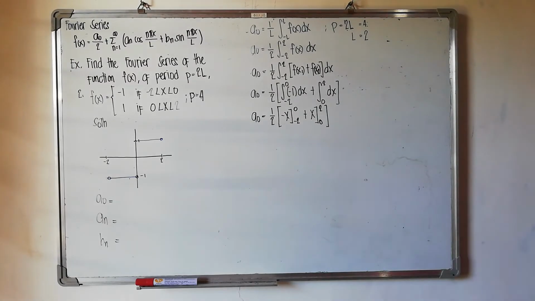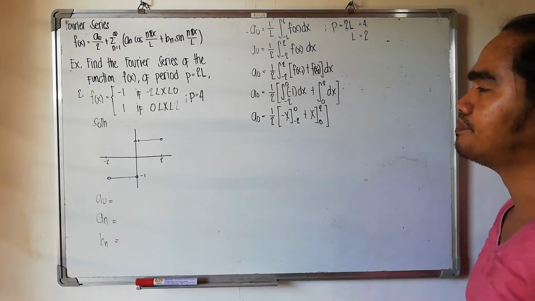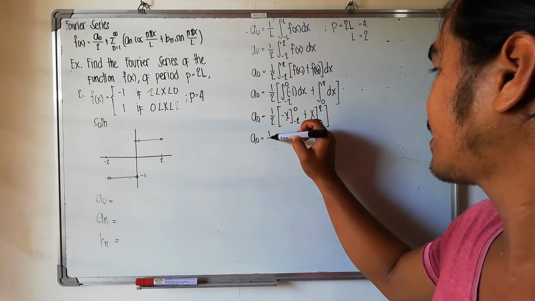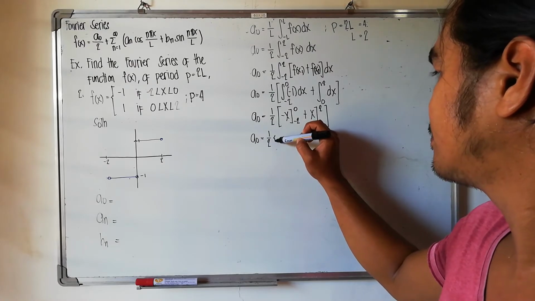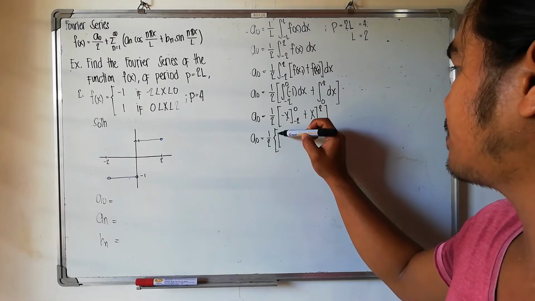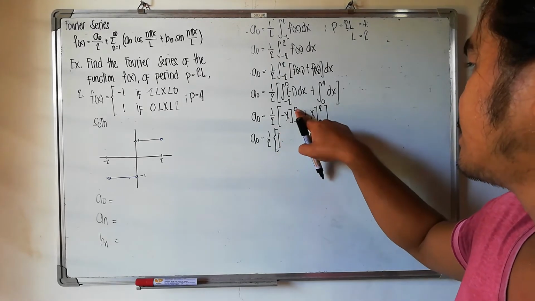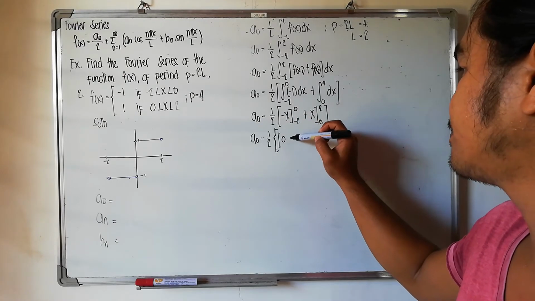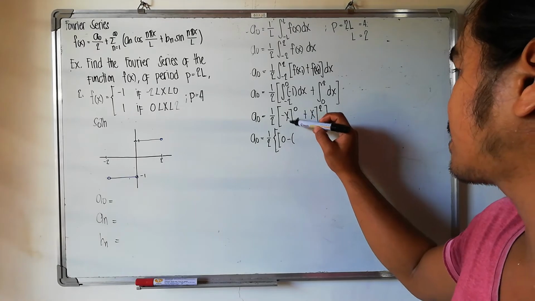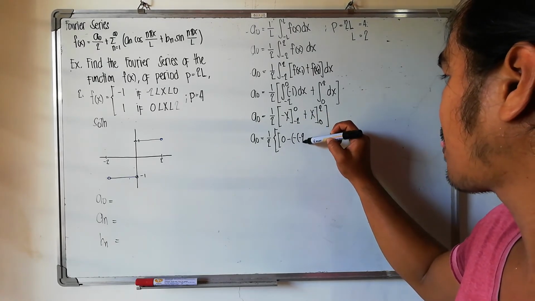So substituting its limit, it is the upper limit minus the lower limit. That is the rule of your integral. So for the first function, upper minus lower, so that will be 0 minus the lower limit, negative times negative 2.